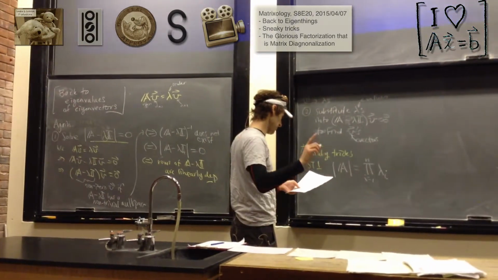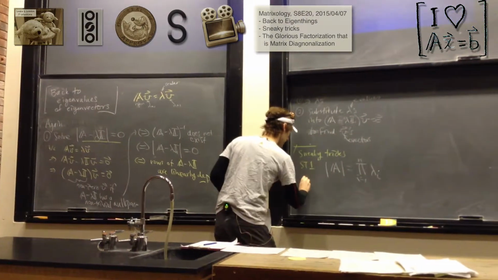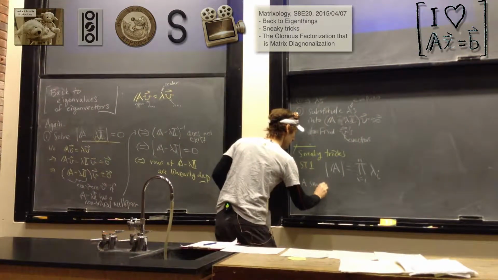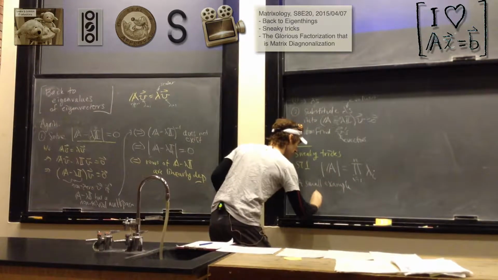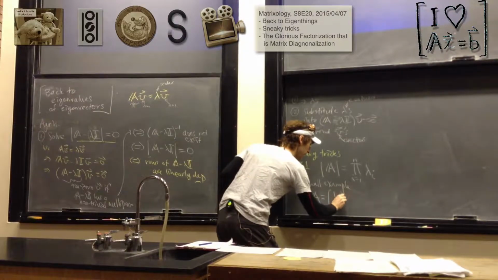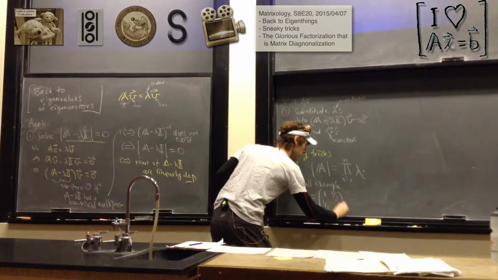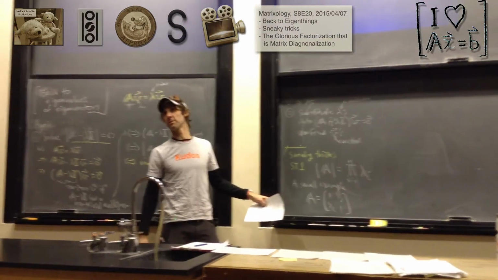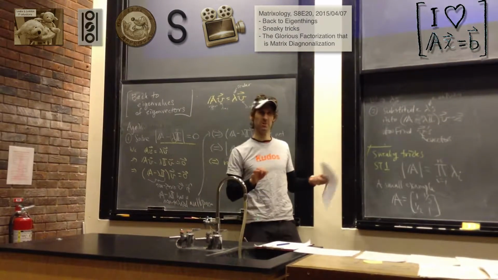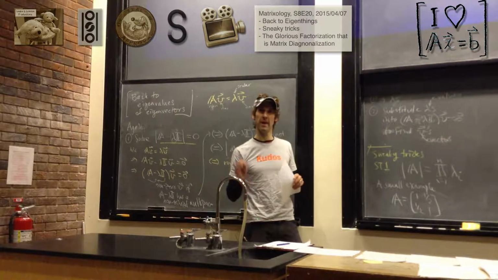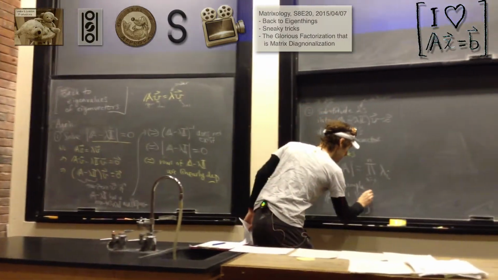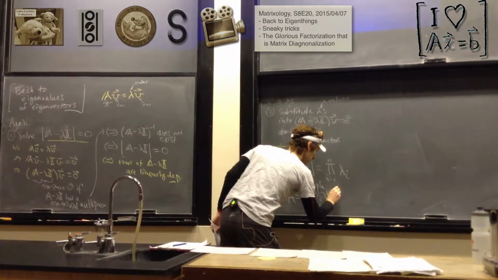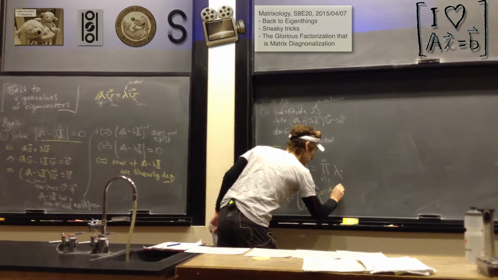So let's do a small example that we'll carry through. We've looked at this one before, though we'll probably treat it slightly differently. A equals 1, a half, 1. There's something important about this matrix. It's 2 by 2, so it's very small, but it has a property: it's symmetric, so A equals A transpose.